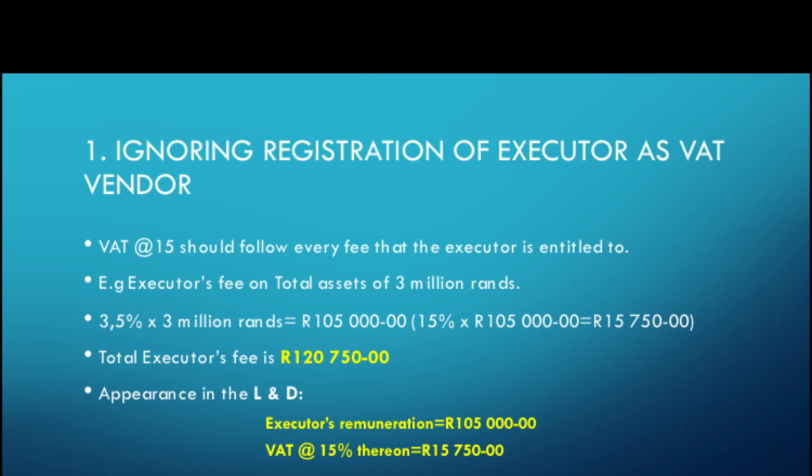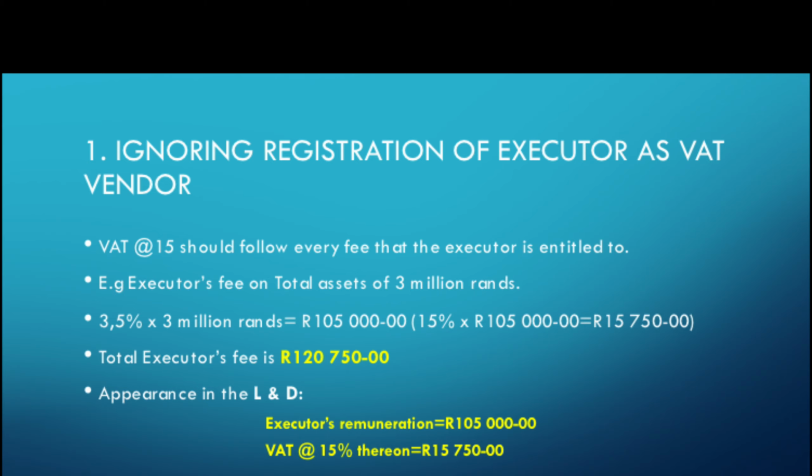In your calculations, you must include VAT. When you include VAT, the total amount will be 120,750. This will be the executor's fee because it includes the VAT at 15% thereon. This is the VAT on the amount of 105,000, which the executor is entitled to on 3 million rands, being the total assets.